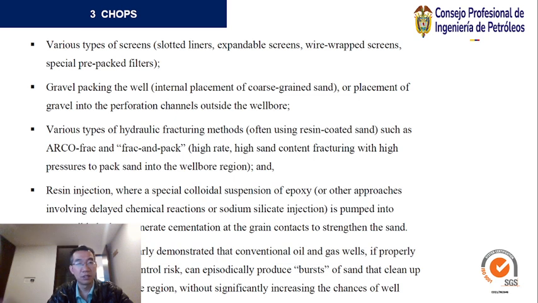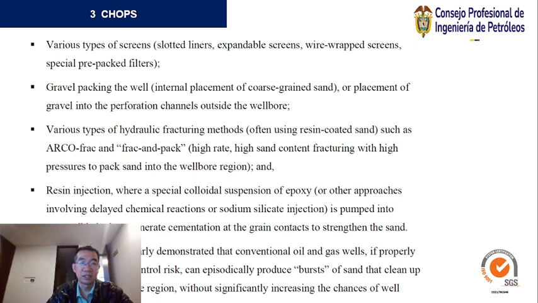Various types of hydraulic fracturing methods often use resin-coated sand, such as ARCO frac and frac and pack, high-rate high sand content fracking with high pressure to pack sand into the variable region.